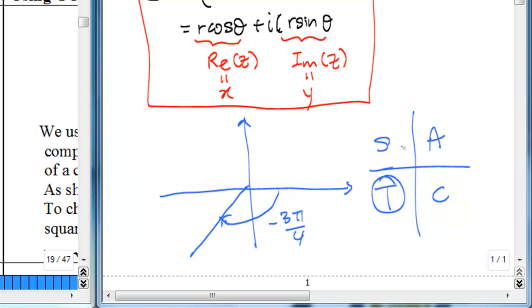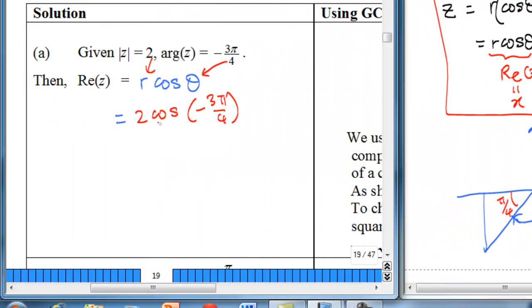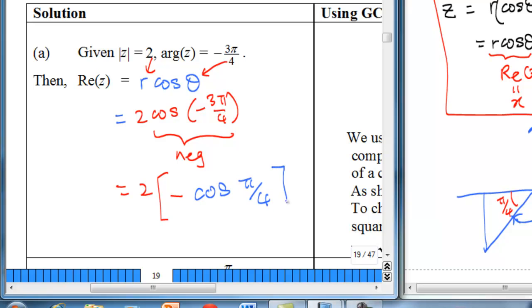Bearing this in mind and knowing that the acute angle in this diagram has the size of pi over 4, and knowing that the cosine of negative 3 pi over 4 is negative, we can say that cosine of negative 3 pi over 4 is negative cosine of the basic angle pi over 4.